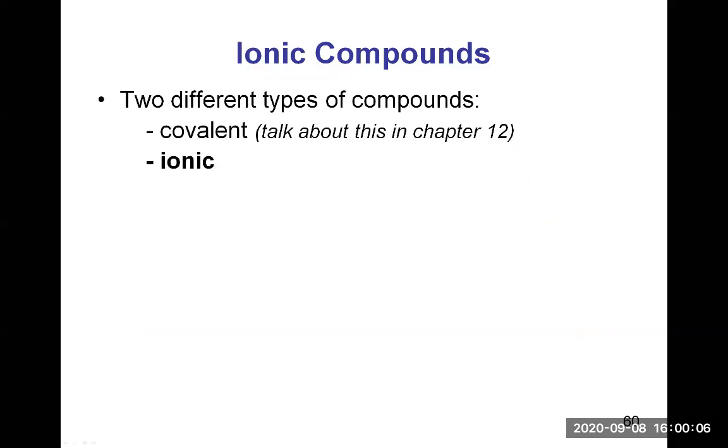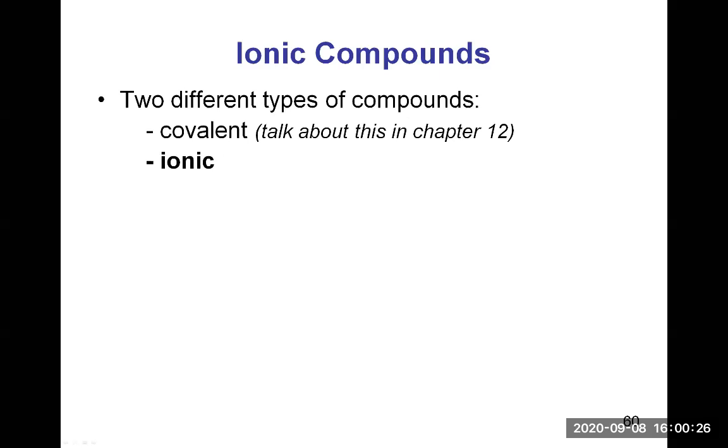So ionic compounds. Here we will finish with ionic compounds. There are 2 types of compounds that can be formed between elements. The first kind are called covalent, and we'll talk about these in chapter 12, and ionic compounds.